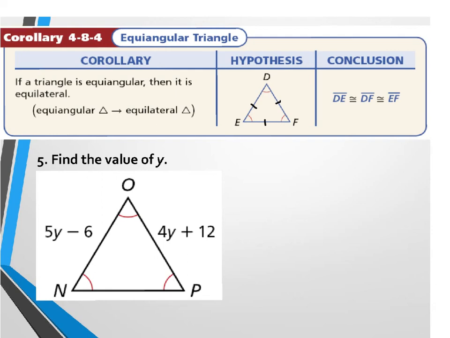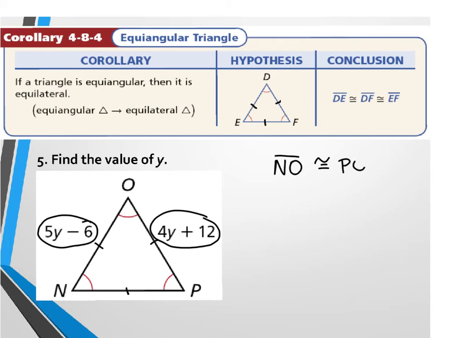Okay? So let's do this. If we know that this is equiangular, then we also know it is equilateral. So this side right here, NO, is congruent to this side over here. We can say NO is congruent to PO, which simply put, means NO is equal to PO.